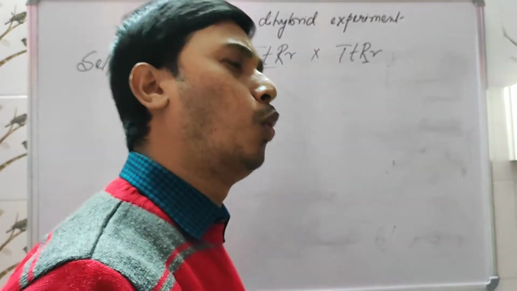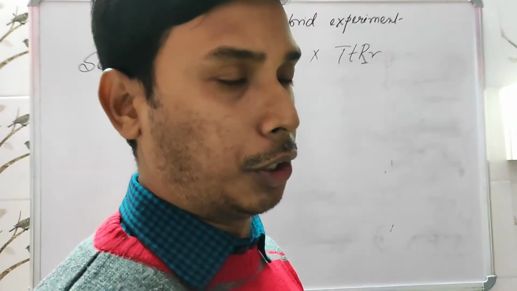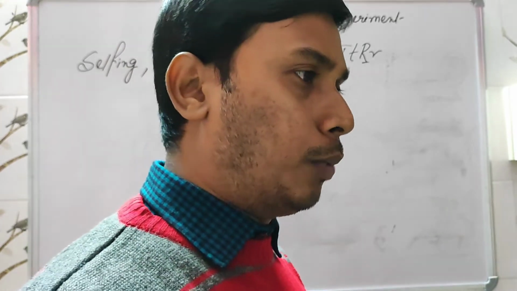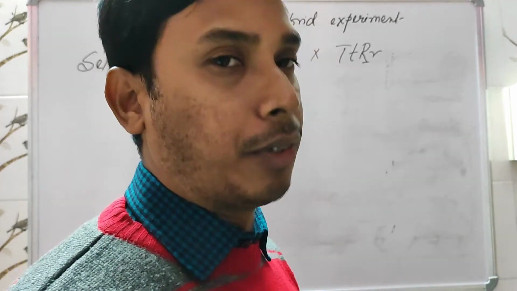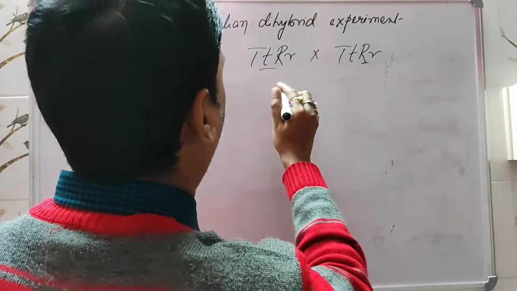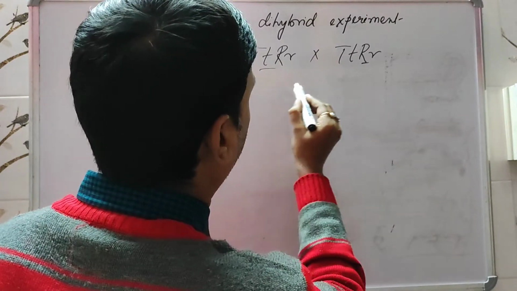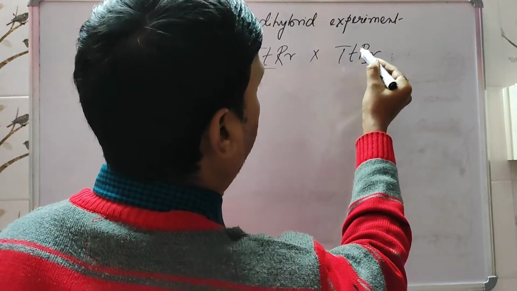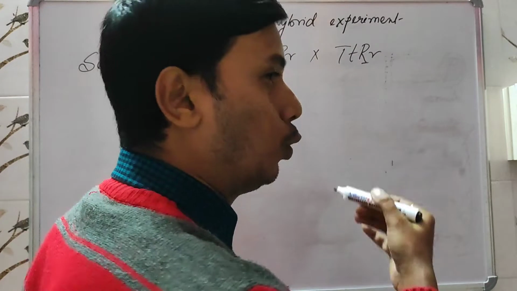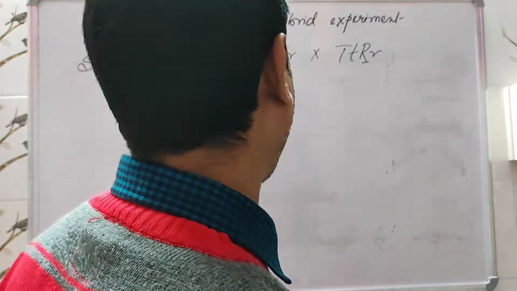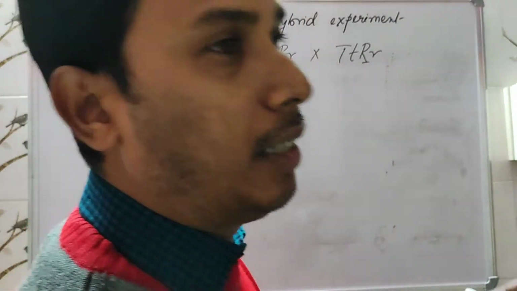Suppose 4 offspring are obtained in the F1 generation, and out of these 4, 2 offspring are again doing the selfing. That is why I have written capital T, capital R, small r cross capital T, capital R, small r, which we obtained in F1. Now I have to segregate the gametes.